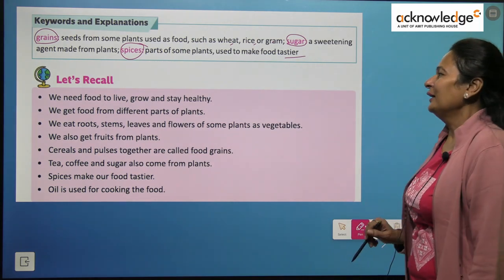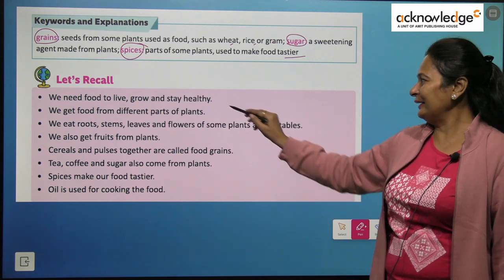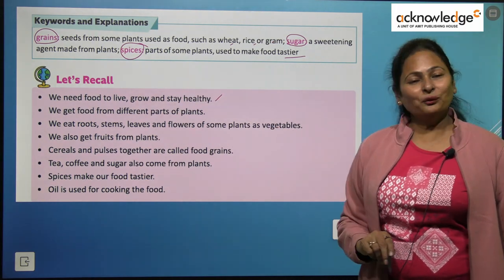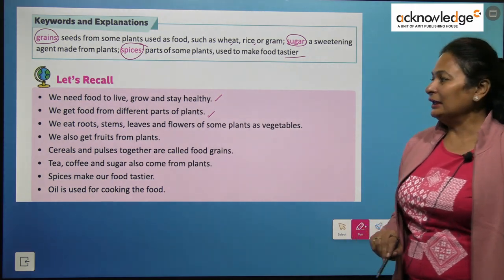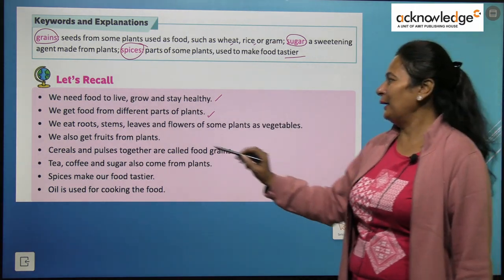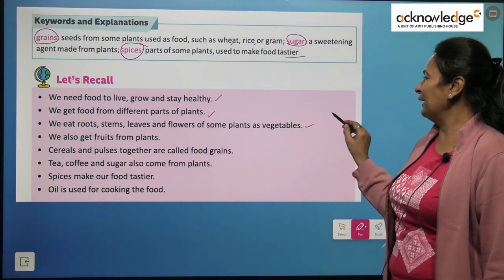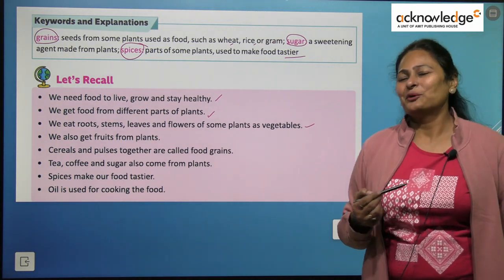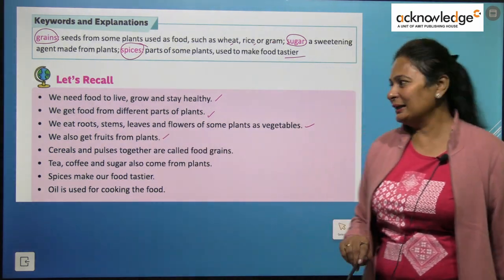Let's recall, we need food to live, grow and to stay healthy, right? We get food from different parts of the plant. We eat root, stem, leaves and flowers of some plants as vegetables. We also get fruits from the plants.